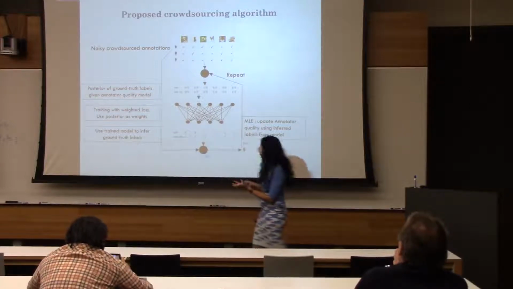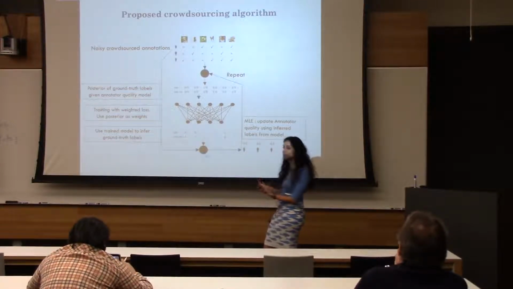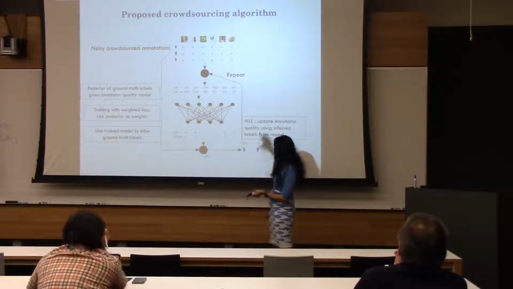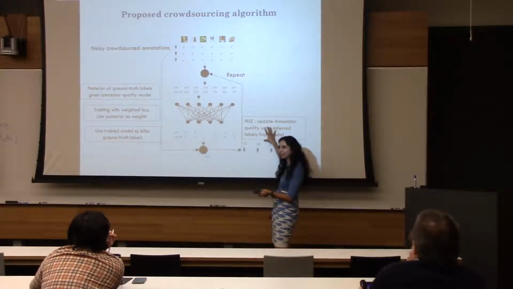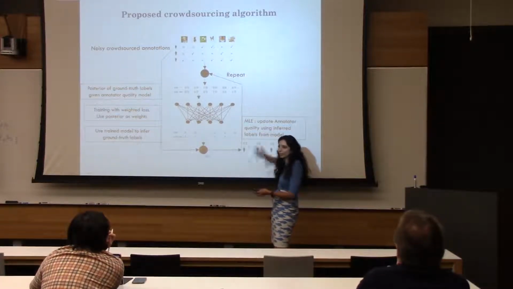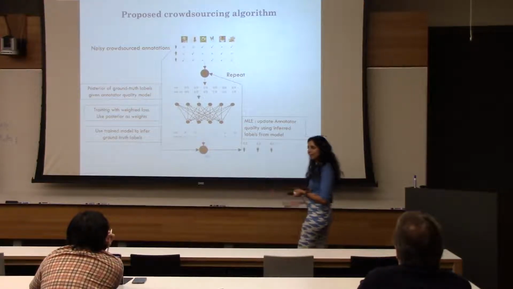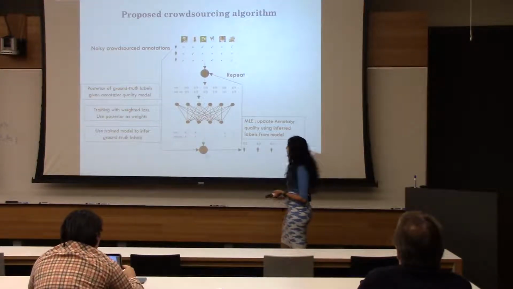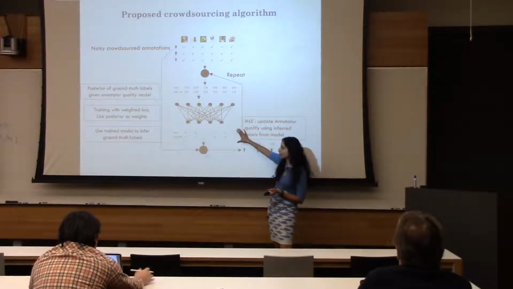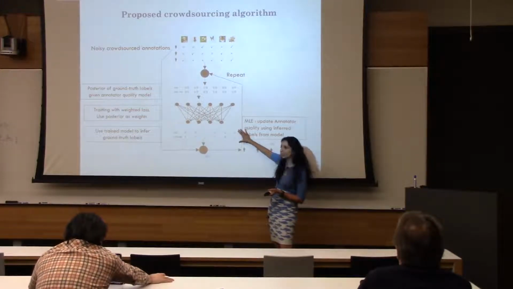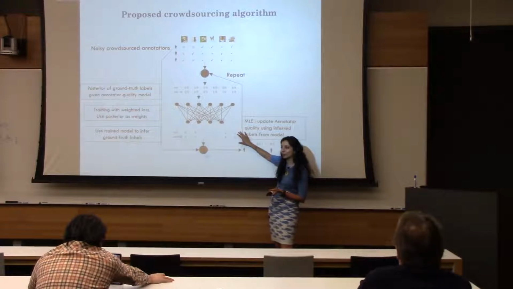So using the weighted loss objective, you train your machine learning model, right? But now how do you update your annotation quality? You don't have these confusion matrices to begin with. You have to train with only the given data. And this is where you can use your trained machine learning model as a surrogate for the ground truth.